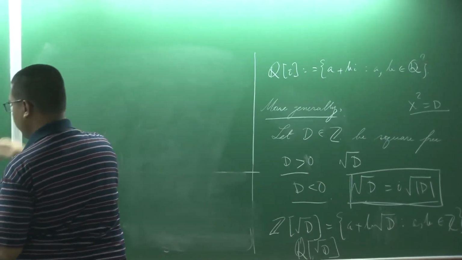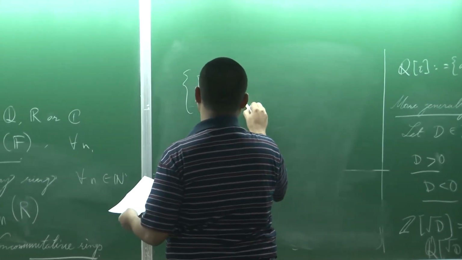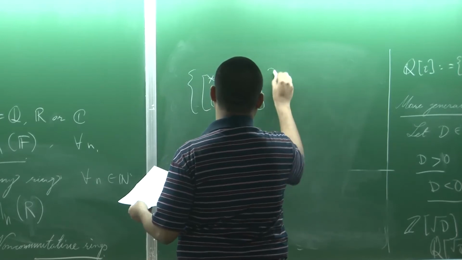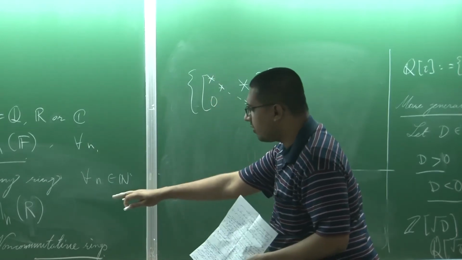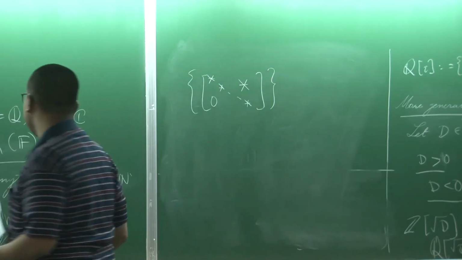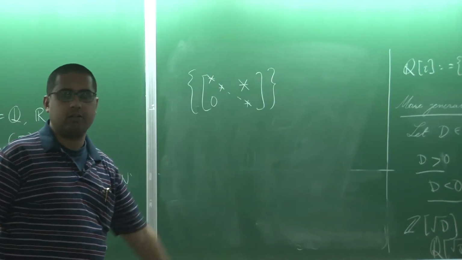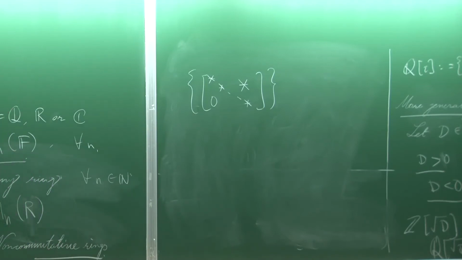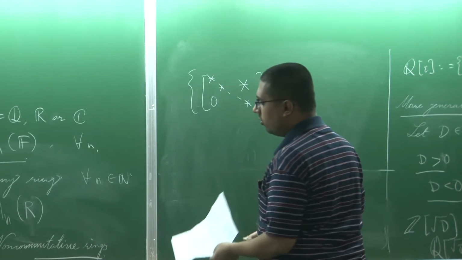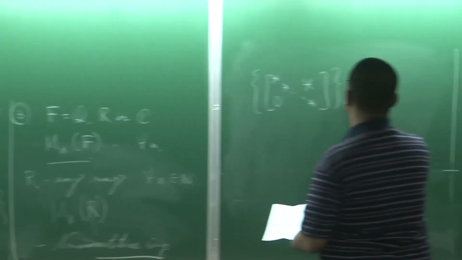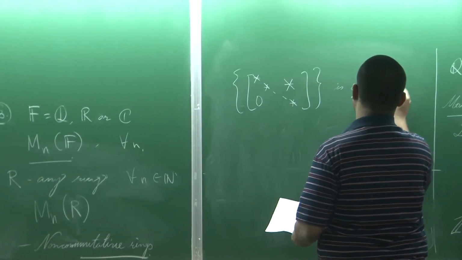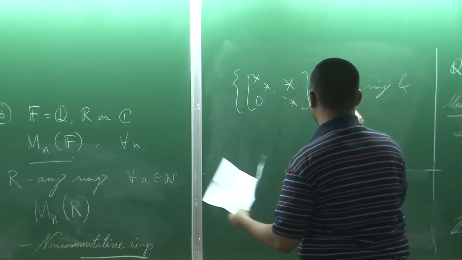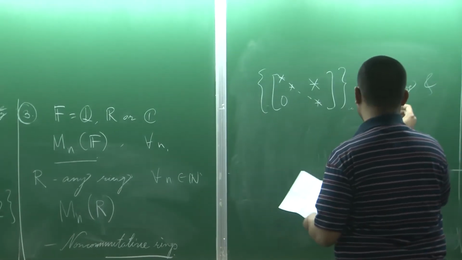So, given a ring R, we consider all matrices of this form, with entries from R, which are upper triangular. Since the multiplication of two upper triangular matrices will again be upper triangular, and the same for addition, and the identity matrix, which is the unity of this ring, also lies here, it is clear that this is a ring, and in fact a subring of M_n(R).